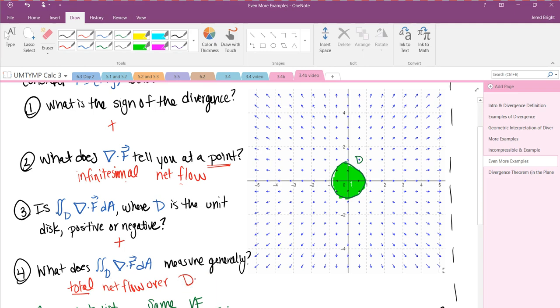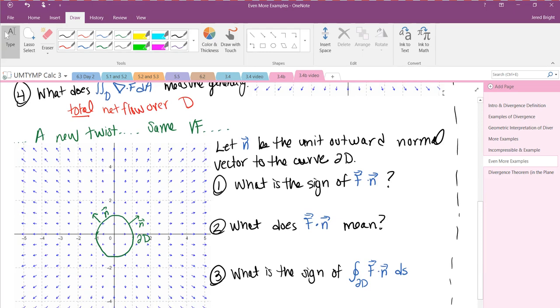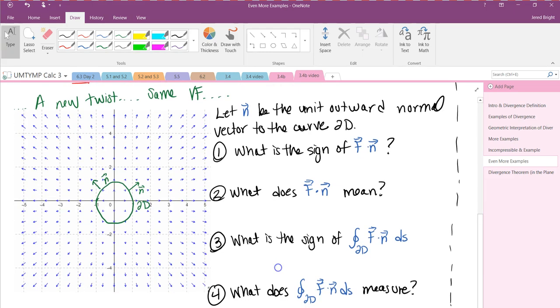We can actually do a double integral of the divergence. Okay, so now we're going to look at kind of the same thing in a different way. You notice in the diagram we still have the same vector field. Okay, great. And now we're looking at the boundary of that disk only, not the interior. And we're saying, okay, let n be the unit outward normal vector.